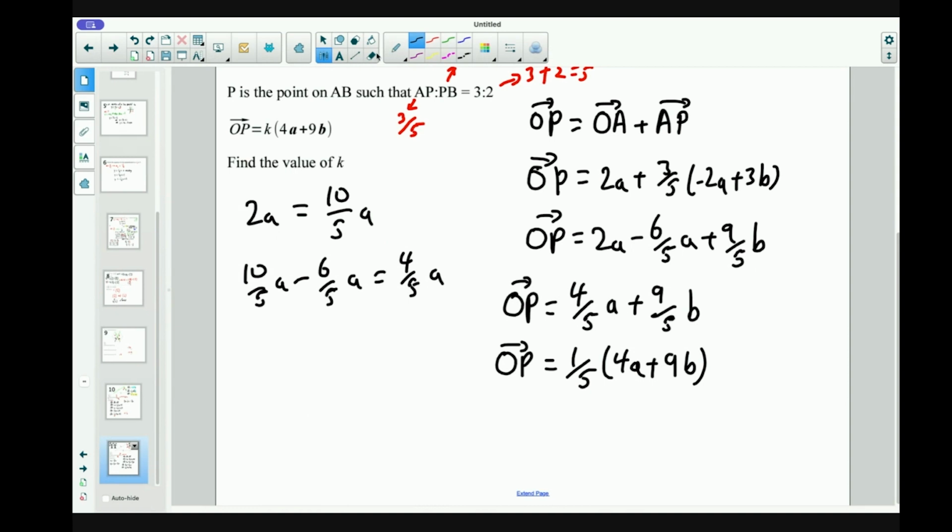We can see that's exactly what we wanted to see inside the brackets. And therefore, we can simply state that k is equal to 1/5.